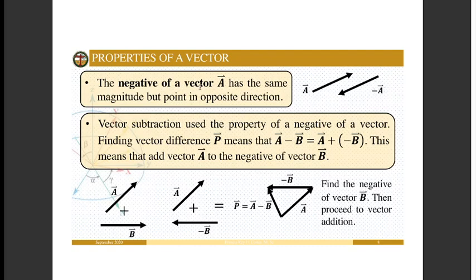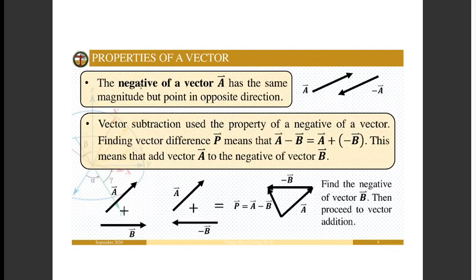So, the negative of a vector A will just change the direction but not the magnitude. The magnitudes of vector A and vector negative A are the same, but their directions are opposite. So, this is the negative of a vector A.